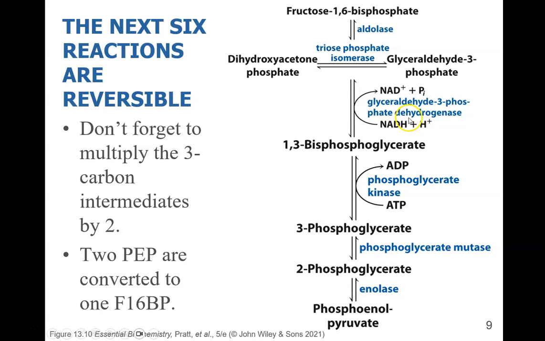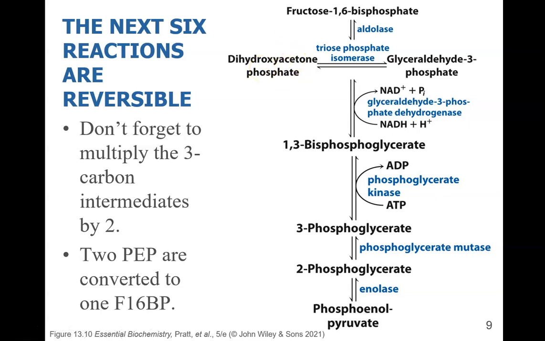This is the dehydrogenase reaction that is also reversible, and we are going to convert the 1,3-bisphosphoglycerate to glyceraldehyde 3-phosphate. We'll lose one of the phosphate groups, so glyceraldehyde 3-phosphate is now more reduced. And again, we multiply everything by 2, because once you get to the 2 glyceraldehyde 3-phosphates, one of them will be converted to dihydroxyacetone phosphate.